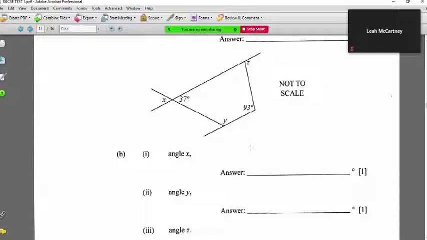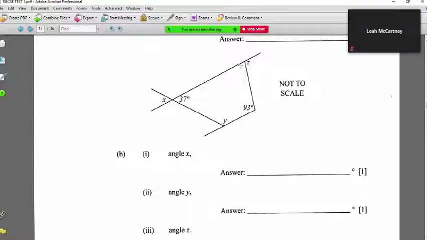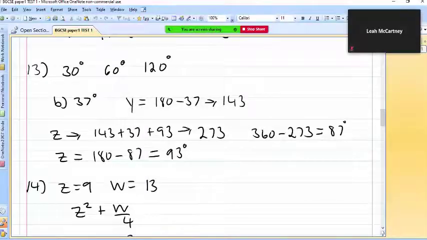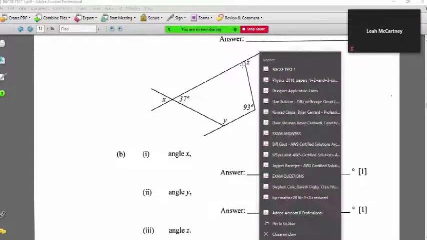I know 37, I already just calculated y, and I know that this is 93. So therefore, 143 plus 37 plus 93 gives me 273. To get this angle in here, I take 360 degrees minus 273, and therefore I get 87 degrees. All right, so this right here is 87 degrees.